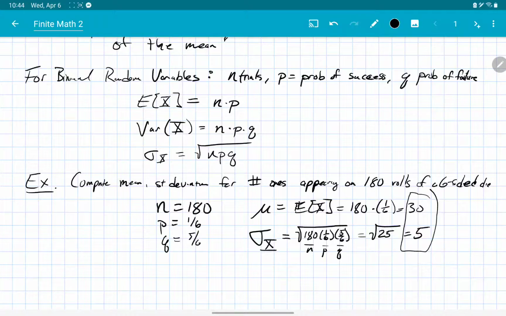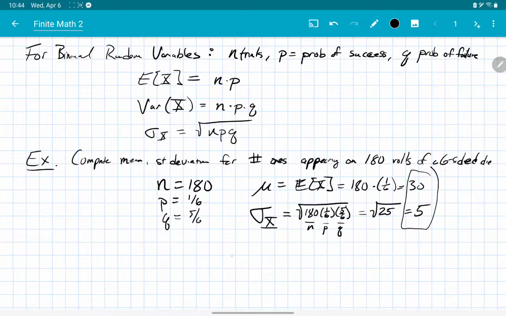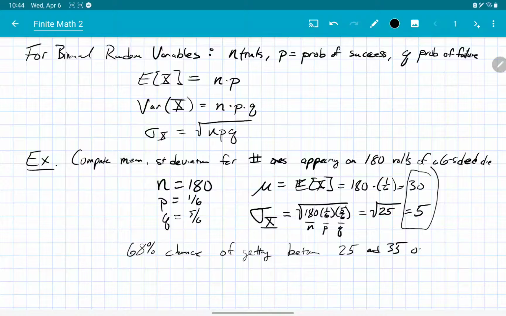And the actual statement here that has to do with the central limit theorem is that we have a 68% chance, basically, not exactly, but this is estimated, of getting between 25 and 35 ones. And we have a 95% chance of getting between 20 and 40 ones. Right?